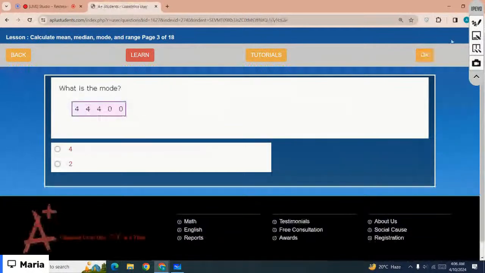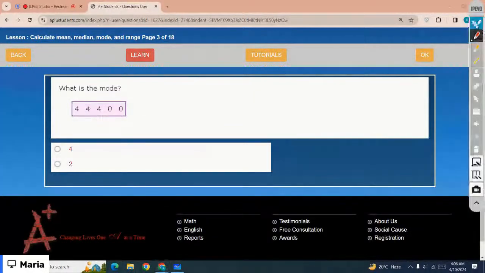What is the mode? Mode is the number that appears the most in the given data. You can see you have 4, 4, 4, 0, 0. So 4 appears 3 times and 0 appears two times in the given data.